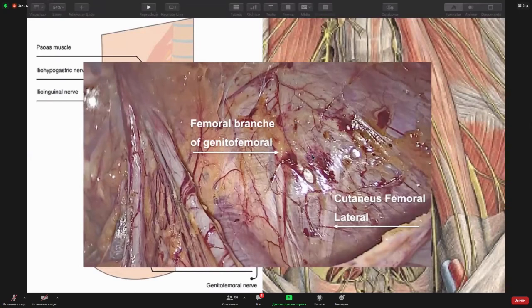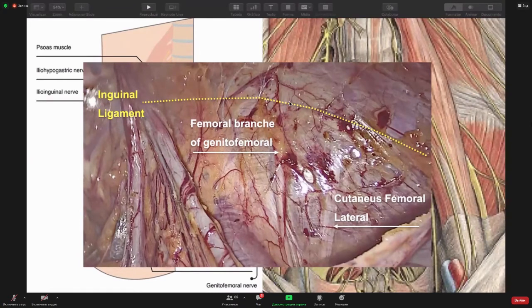So in my 10 minutes, I tried to show you the concept of the inverted eye and the 5 triangles, and then the anatomy of these nerves, because today we discussed how important the discussion of chronic pain is. Just one important detail is the place of insertion of the femoral branch of the genitofemoral nerve.